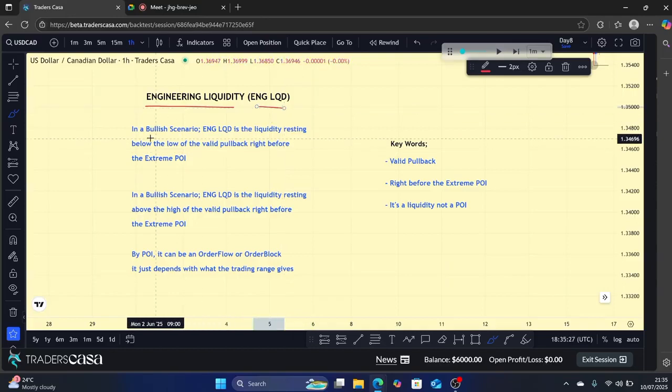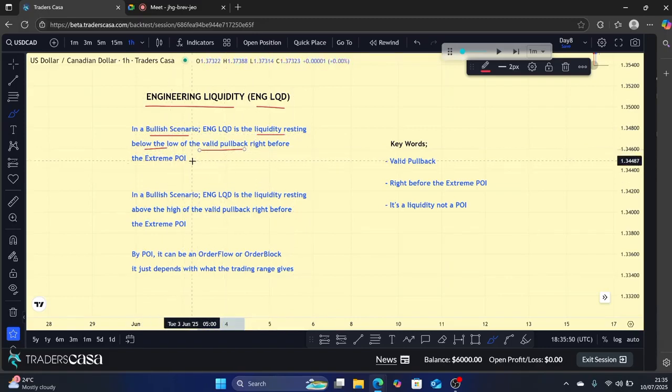In a bullish scenario, Eng LQD, or engineering liquidity, is the liquidity resting below the low of the valid pullback right before the extreme POI. The keywords here are liquidity resting, below the low, valid pullback, and right before the extreme POI.